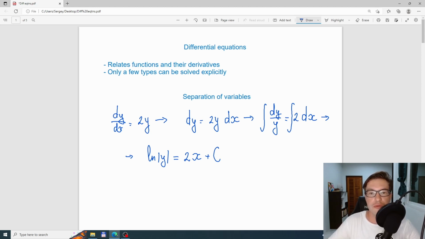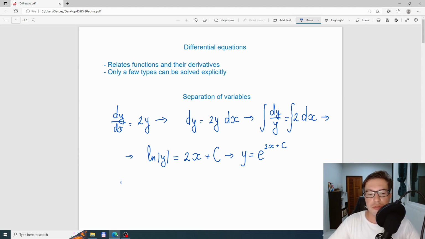We can raise e to the power of every side. So we'll get y equals e to the power of 2x plus c. So technically we've solved the differential equation, but we can write our solution a little bit nicer.